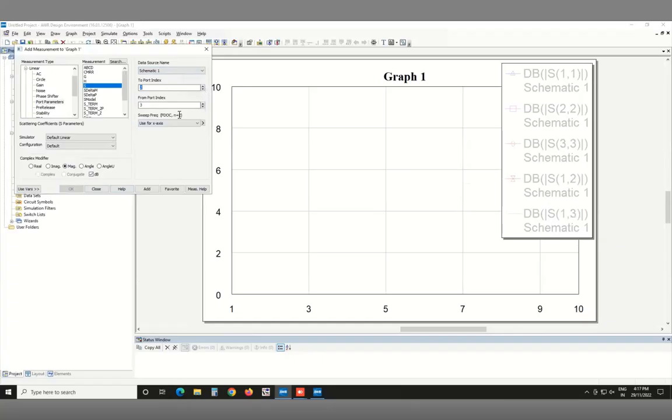And S23, right? It's the isolation. I could put S21 and S31 for symmetry.